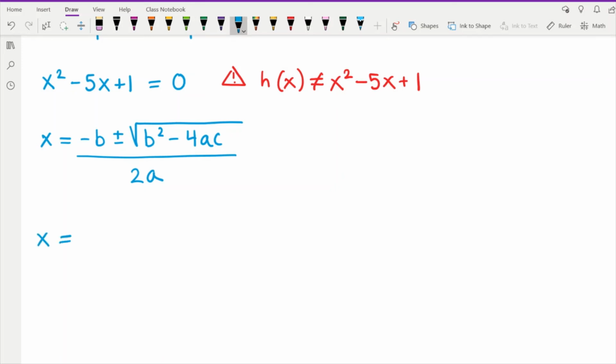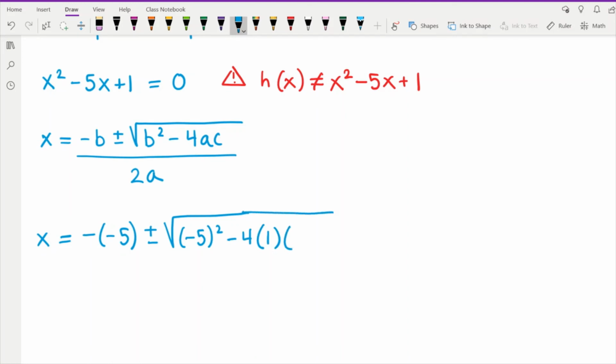So what is our b here? b is -5. So we're going to have -5 plus or minus the square root of -5 squared. So that's our b again, minus 4 times a, which is 1, times c, which is also 1. And this whole thing is going to be divided by 2 times 1.